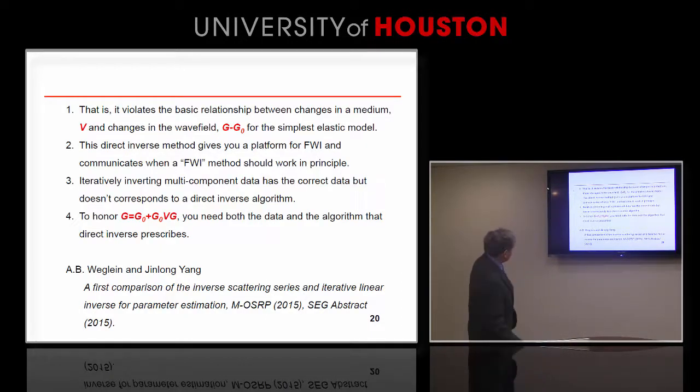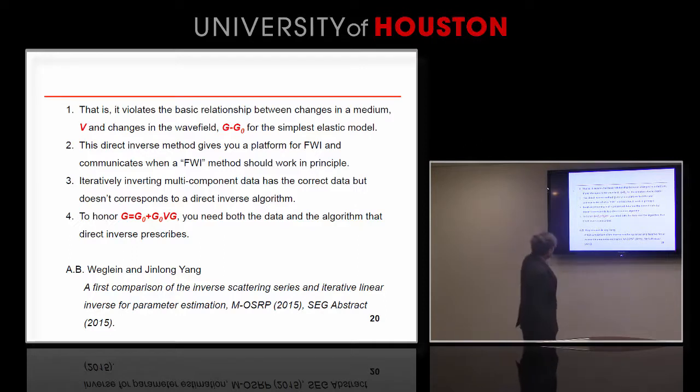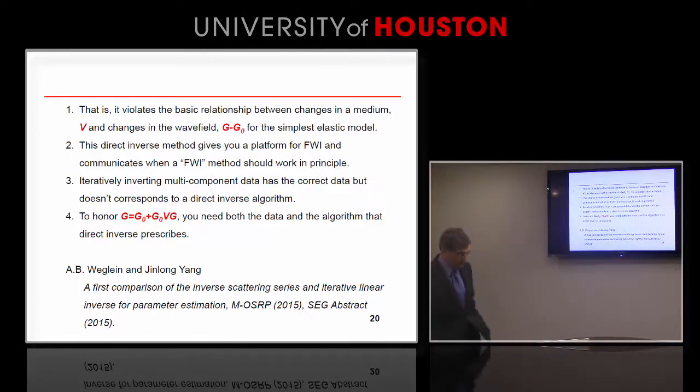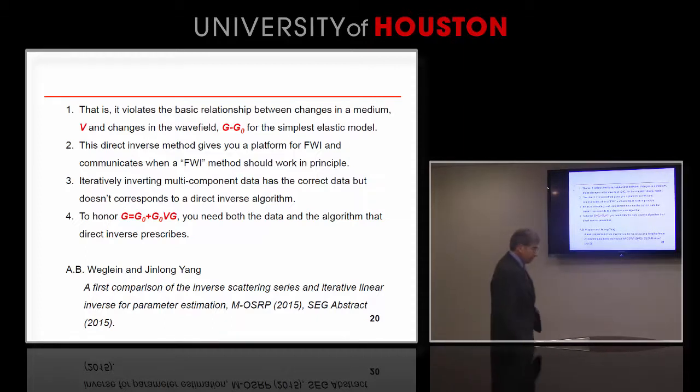So this is referring to this paper that Jinlong and I are writing, and you will soon get a copy of. And so if you're going to honor that relationship, then you have to have multi-component data, and you have to use it in a prescribed way that this operator identity tells you to use.